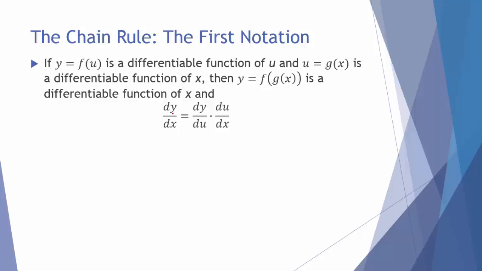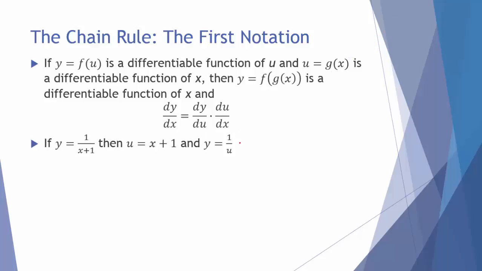So when you want to find dy/dx, you can't just take the derivative of f of u, because that doesn't give you dy/dx. It will give you dy/du. So that's what you find first. You take dy/du, which is the derivative of the function f with respect to u, times the derivative of this u function with respect to x. U equals g of x. You take its derivative with respect to x.